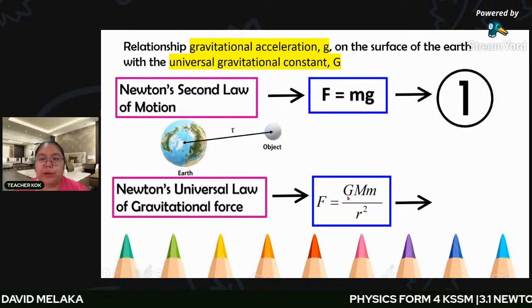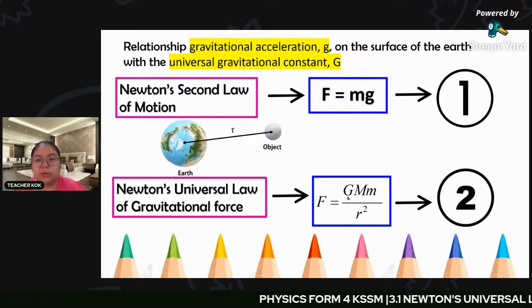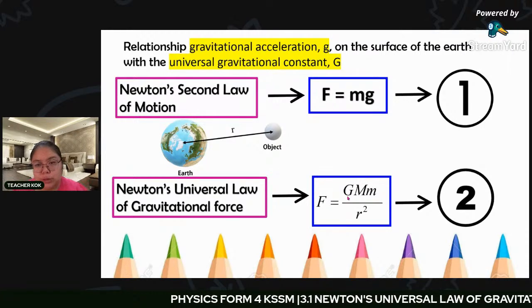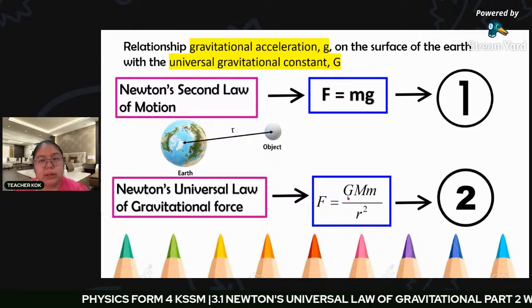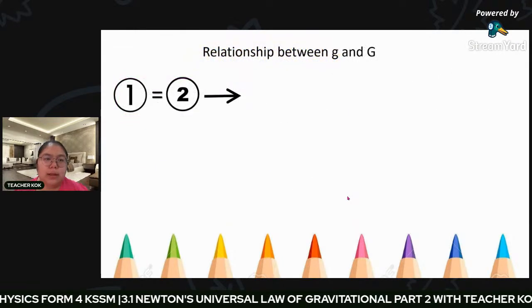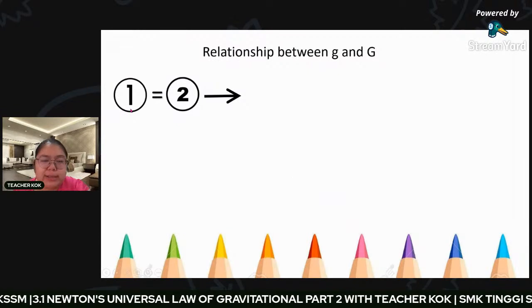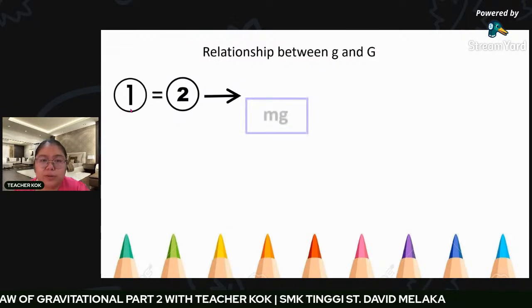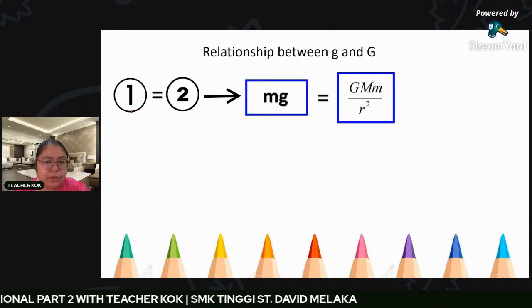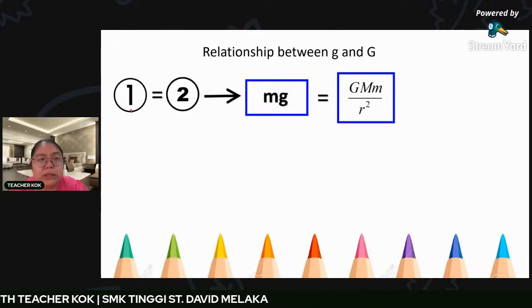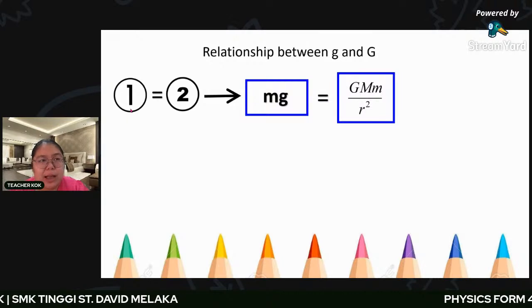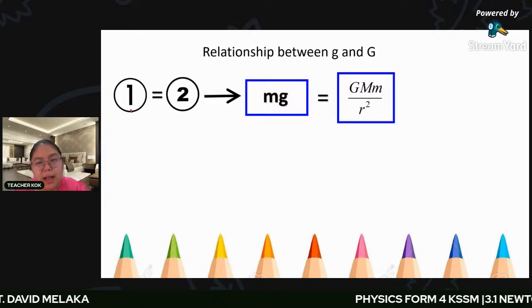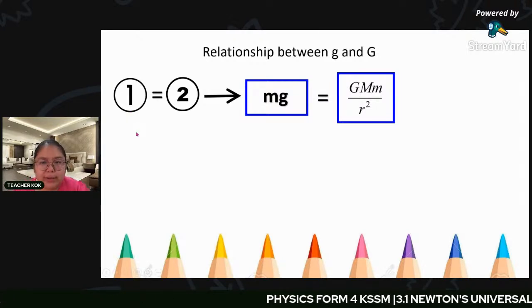Now we need to make a relationship for small g and capital G. So we create equation 1 and equation 2, and now we can bring them together. We can say 1 equals 2, because both are gravitational force. So mg equals capital G, capital M, small m, over R squared.